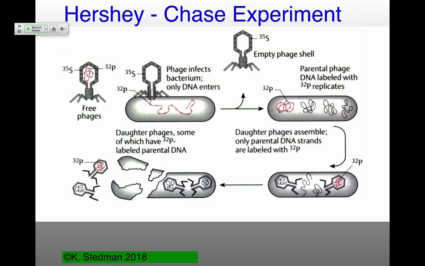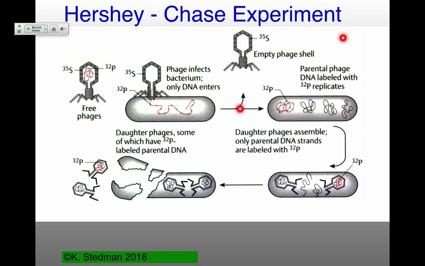Here, two different experiments where you had a bacteriophage, bacterial virus, labeled either with P32 or with S35. With the S35, you do this infection, and the phage is removed again through this blending experiment.